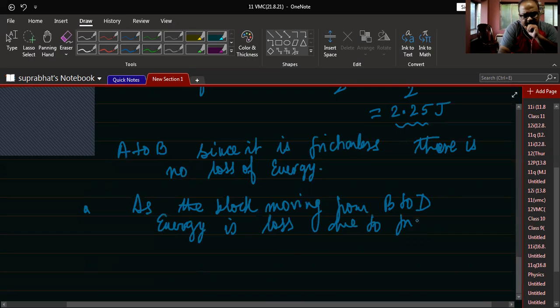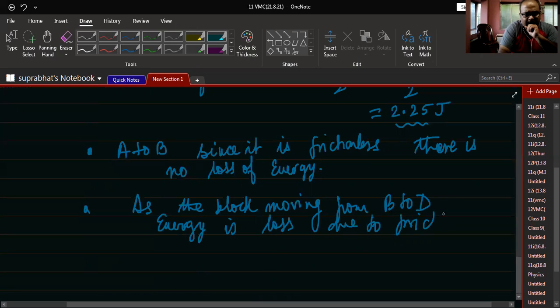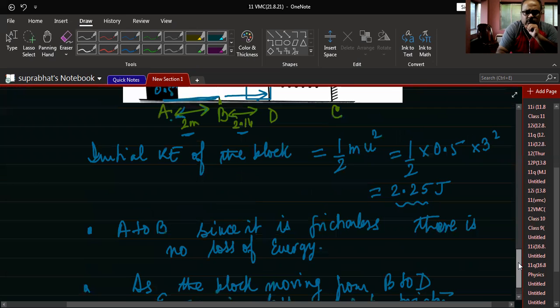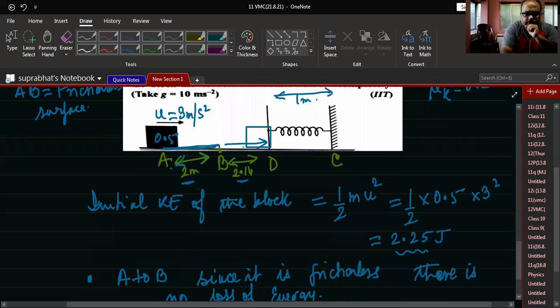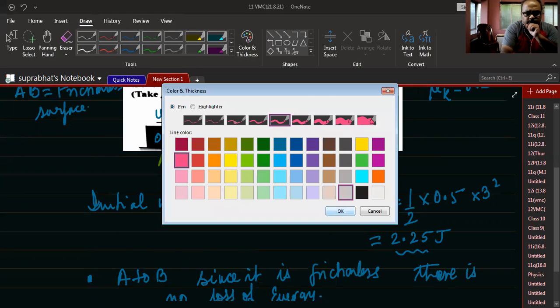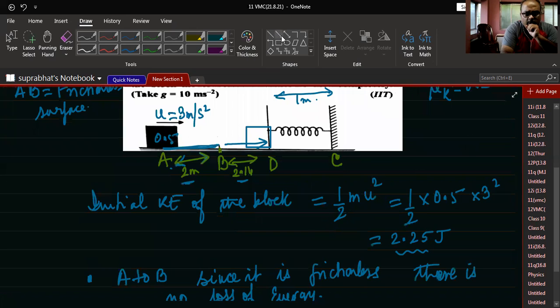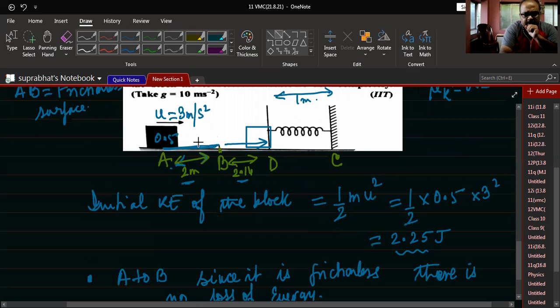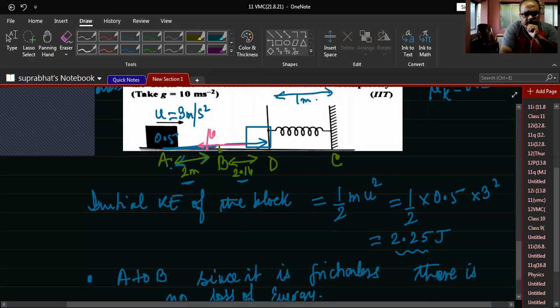So what I can say is that the frictional force on this particular block will be acting in the opposite direction, something like this, because the movement of the block is in this direction. That frictional force will be equal to mu into m into g, if m is the mass of the block.